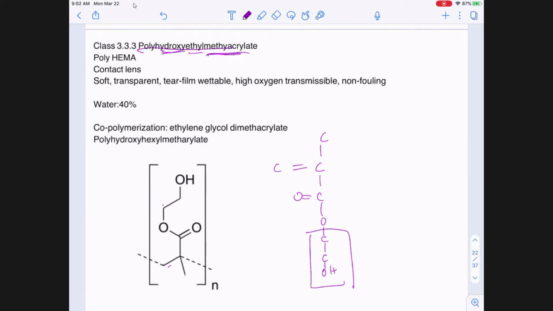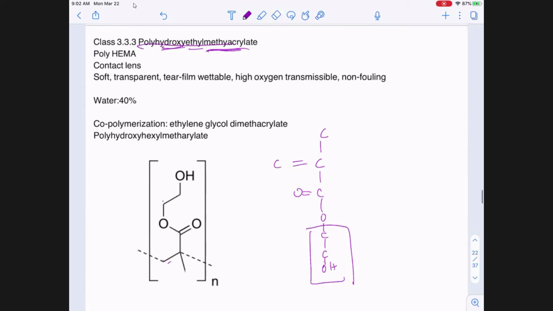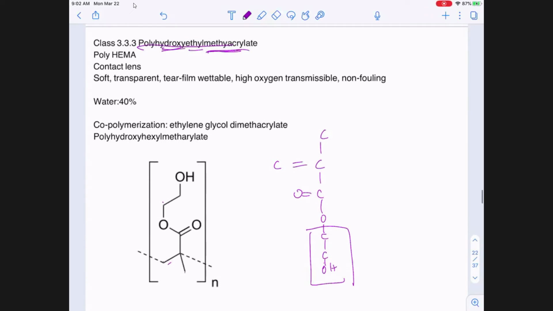So this part is the hydroxy, hydroxy is like this one, right? Hydroxy, this one, and this part is ethyl, and meth is this one, meth.